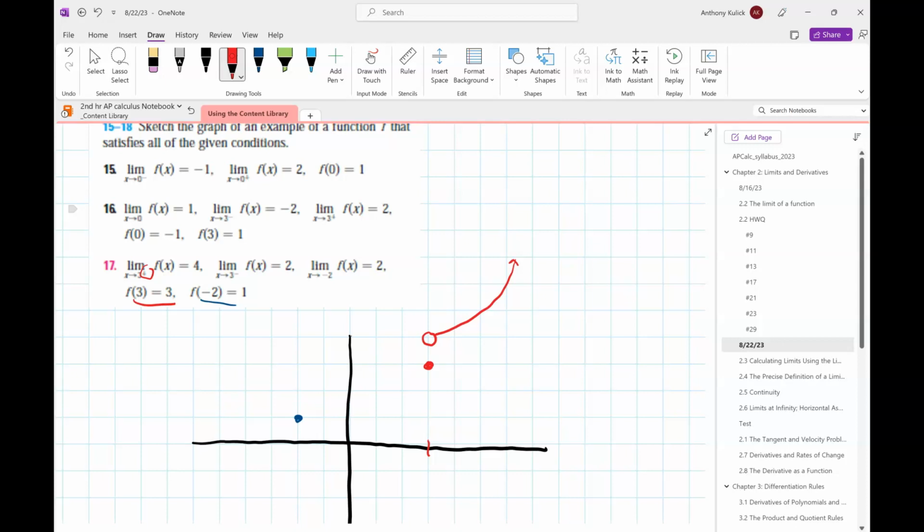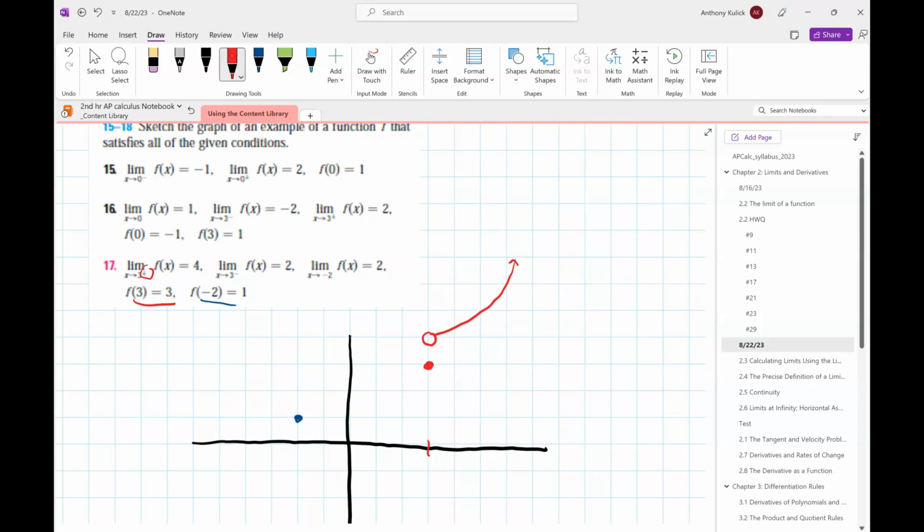Because I know there's a point at 3, 3, and the limit as we approach 3 from the right is 4, it can't be defined at both 3, 3 and 3, 4 and still be a function. If it wasn't defined at 3, then it could be closed. It doesn't have to be, but it could be.